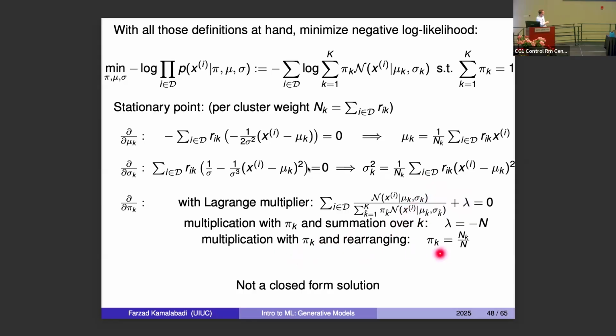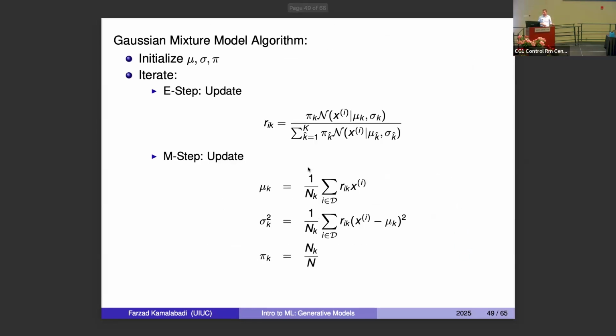And then finally, we solve for pi, which is essentially nk over n. We don't have a closed form solution, but we have, again, this alternating minimization, and the particular algorithm, which is quite powerful, is known as expectation maximization. I wanted to talk about that, but I'll leave that discussion. It's a two-step alternating optimization.